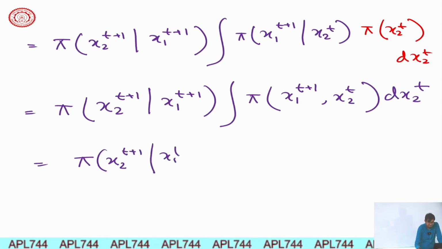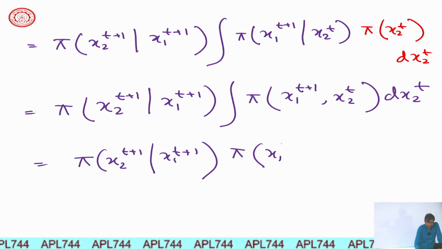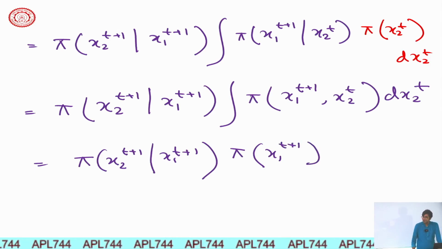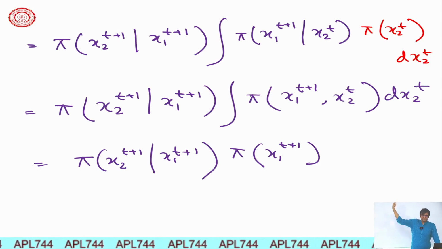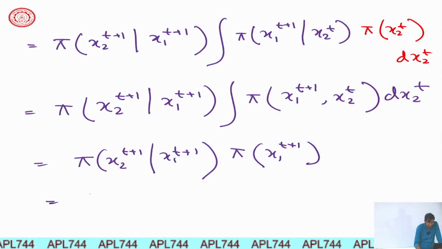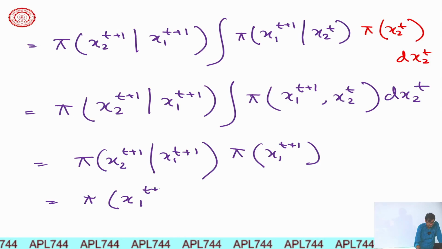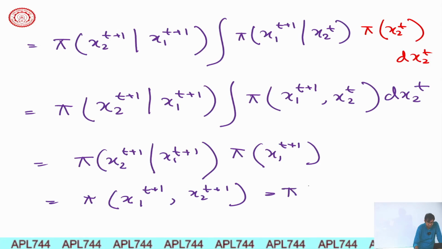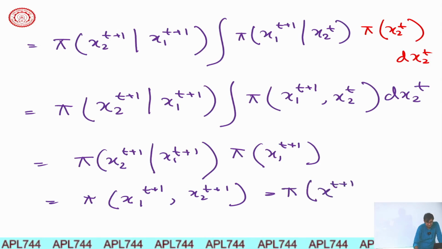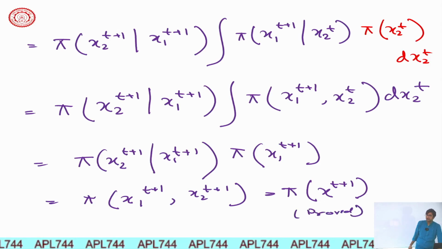Given, multiplied by pi of x1 t plus 1, again the sum law, and then what is the final thing you are getting? The right hand side, pi of x t plus 1. This is equal to pi of x1 t plus 1 comma x2 t plus 1 is equal to pi of x t plus 1, and that proves the pi invariance criteria.